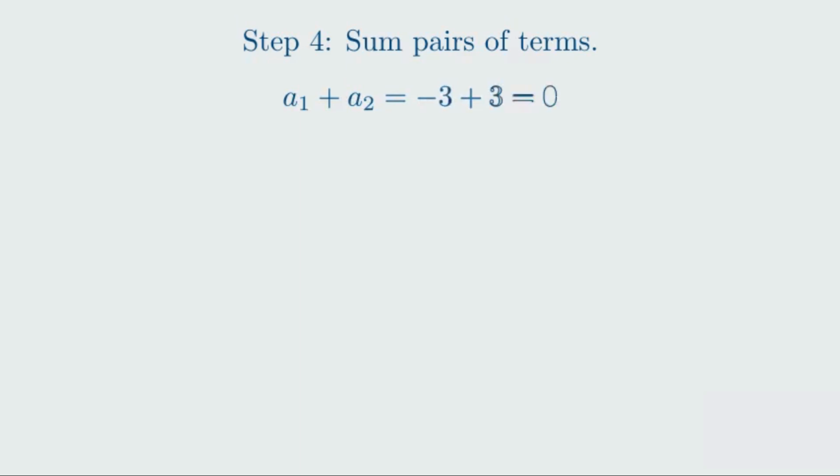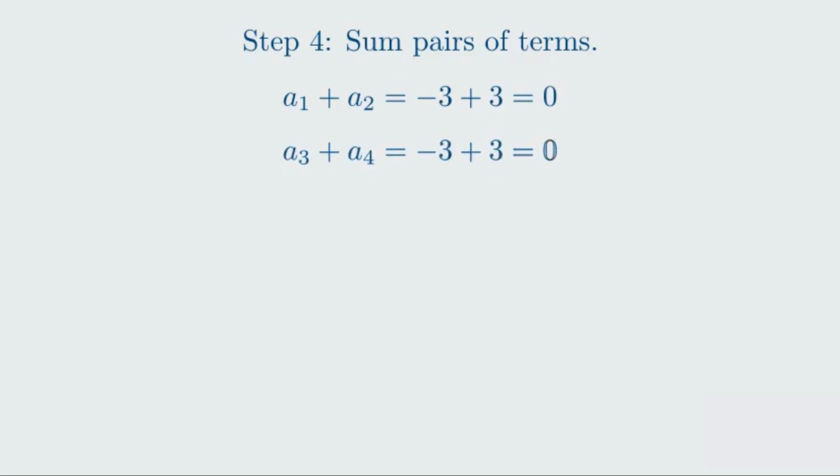We know the sequence is -3, 3, -3, 3, and so on. Let's look at pairs of consecutive terms. What is the sum of a sub 1 and a sub 2? That's -3 plus 3, which equals 0. How about a sub 3 and a sub 4? Since a sub 3 is -3, and a sub 4 will be 3, their sum is also 0. Notice a powerful shortcut here.